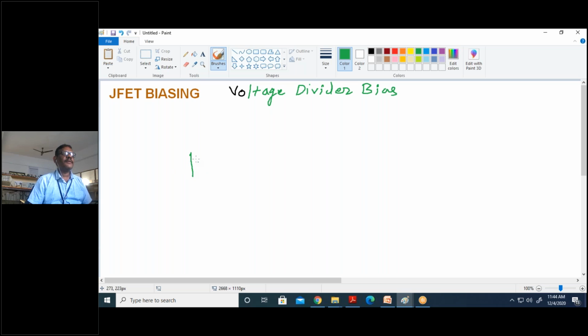So the circuit diagram is a JFET, drain, source, gate. Arrow mark inside, nothing but N channel JFET.